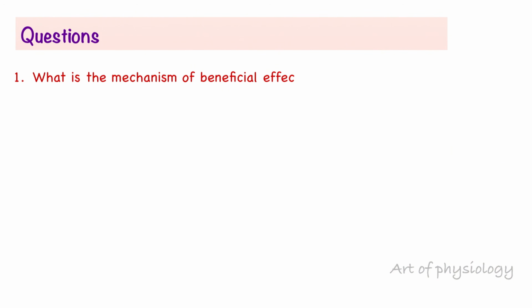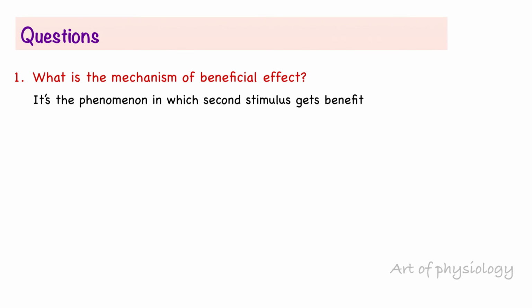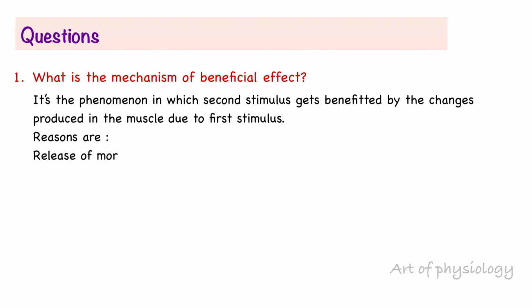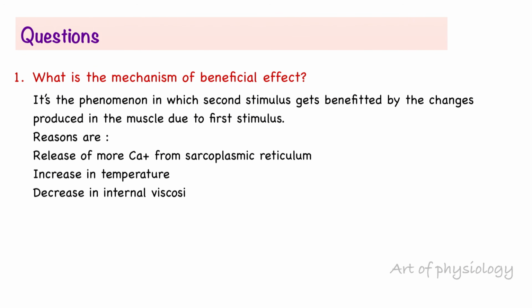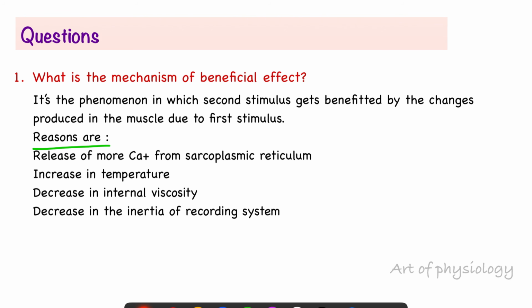So what is the mechanism of beneficial effect? It is a phenomenon in which the second stimulus is getting benefited by changes produced during the first stimulus or the first contraction. The reasons are: during the first contraction there will be release of more calcium from the sarcoplasmic reticulum, an increase in temperature, a decrease in the internal viscosity, and a decrease in the inertia of the recording system.